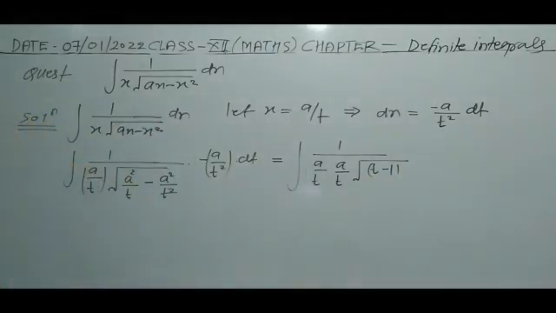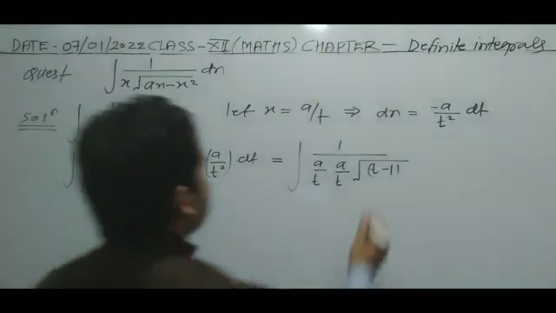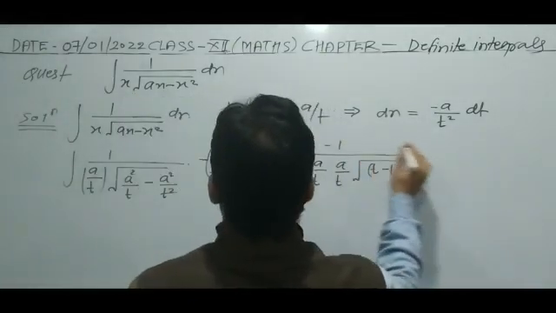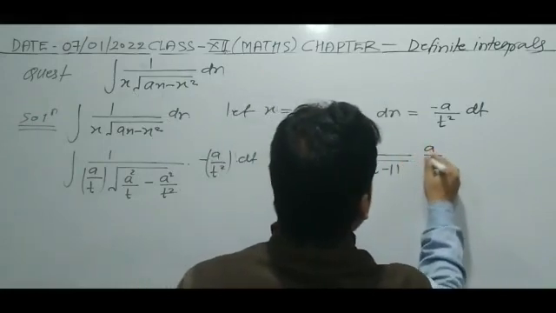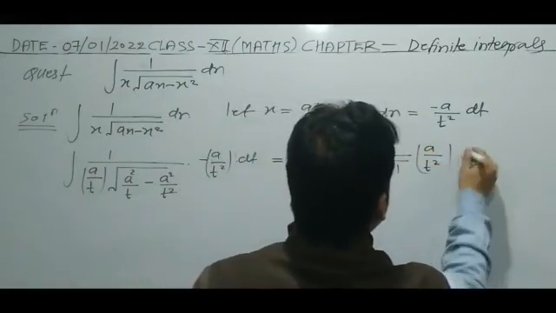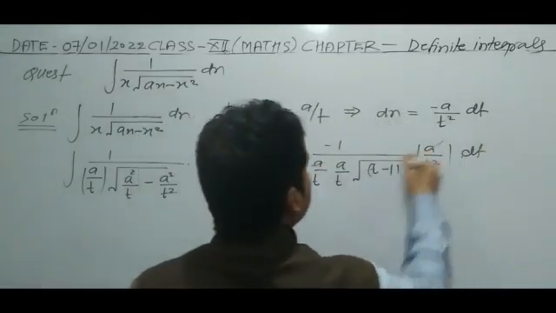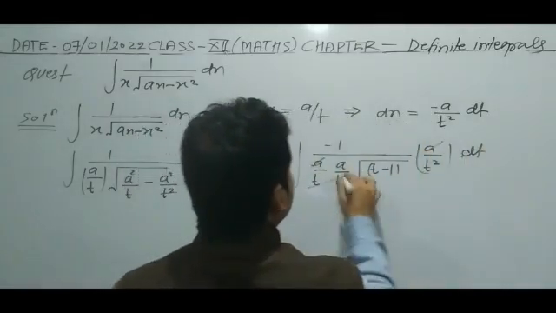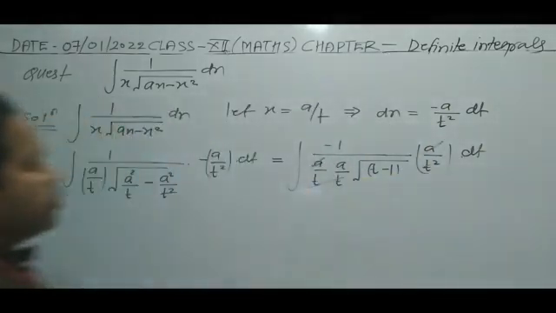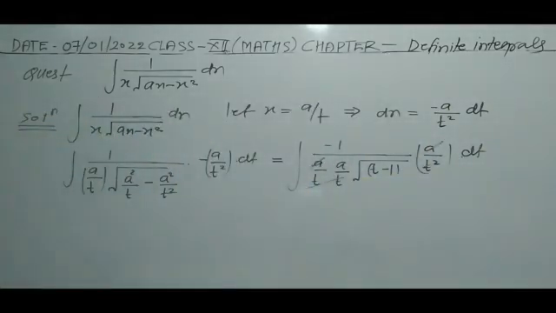Now under root t minus 1 will be here, and with the minus a upon t square with the dt, this a term will cancel and the t square term will cancel. So minus 1 upon a, t minus 1.